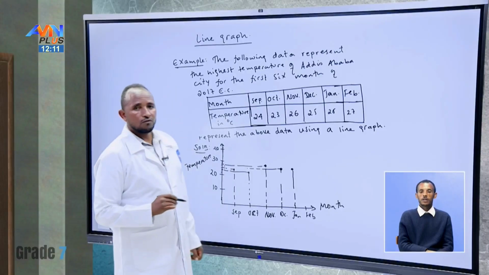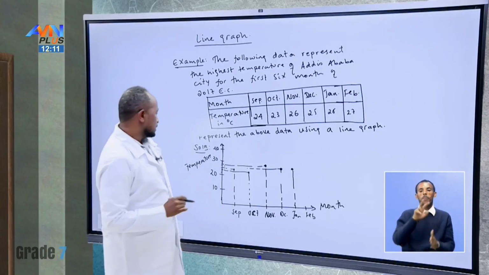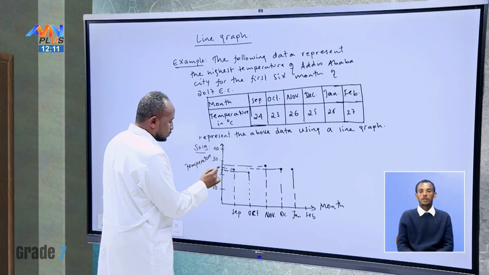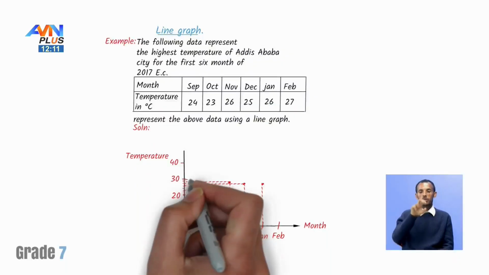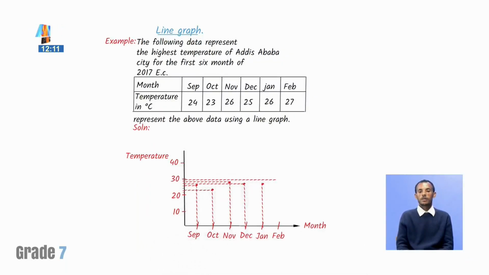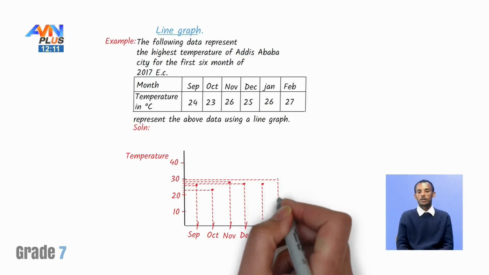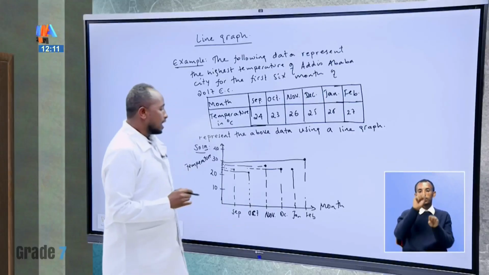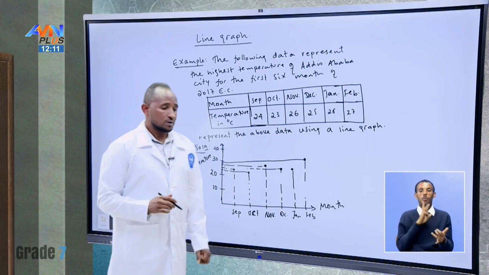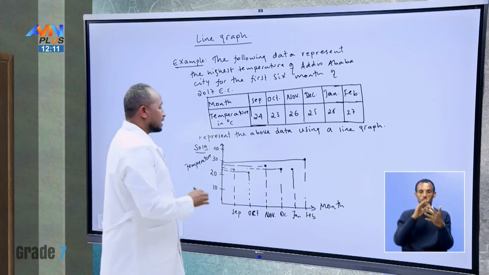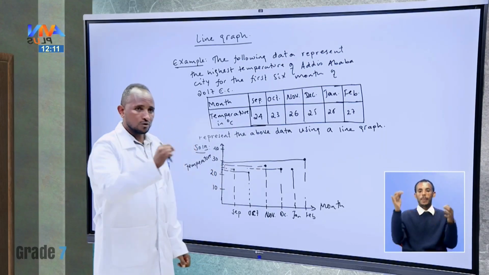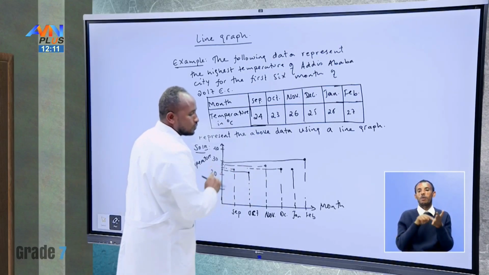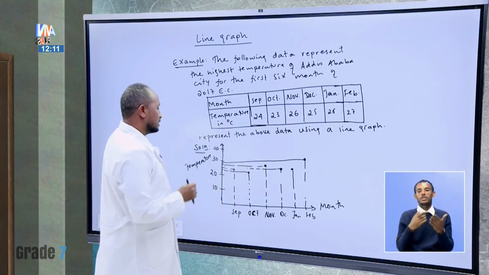Next, the temperature of February is 27. So 21, 22, 23, 24, 25, 26, 27 is around here. Now we'll sketch the graph by connecting the points. We'll draw a smooth line by connecting the points so that the graph becomes a line graph.